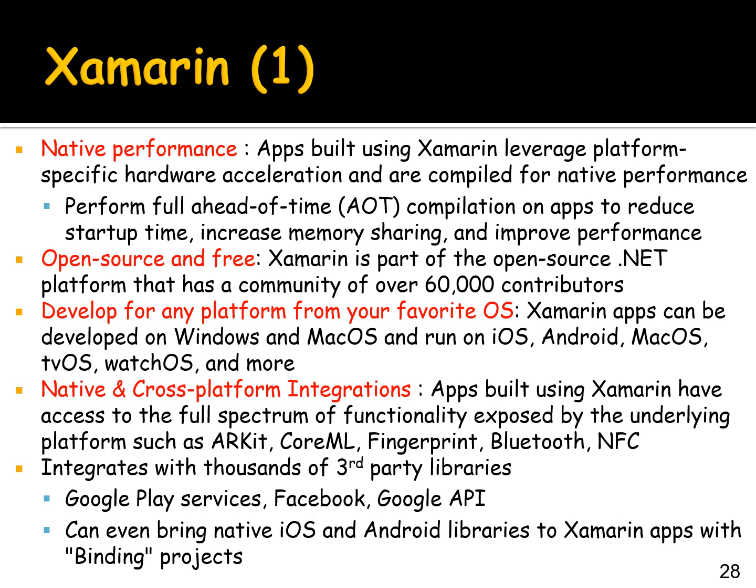It performs full ahead-of-time compilation on apps to reduce startup time, increase memory sharing, and improve performance. It is open source and free, can be developed on Windows and macOS, and runs on iOS, Android, macOS, tvOS, watchOS, and more.